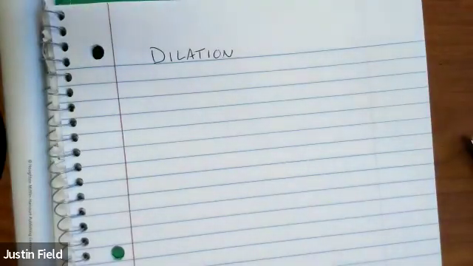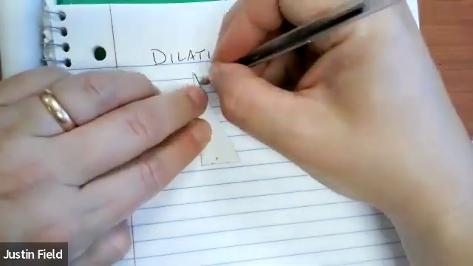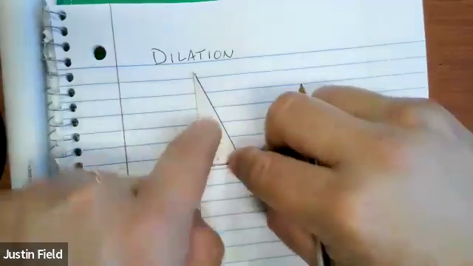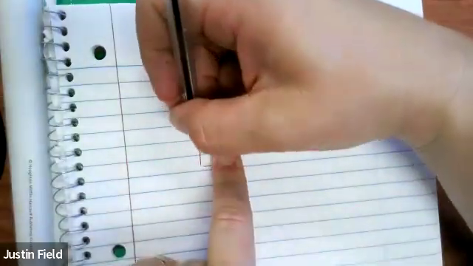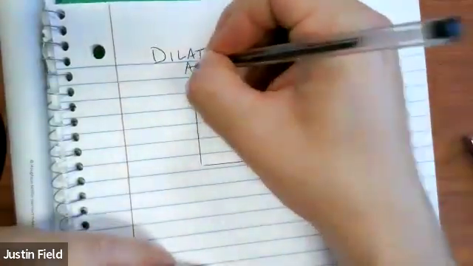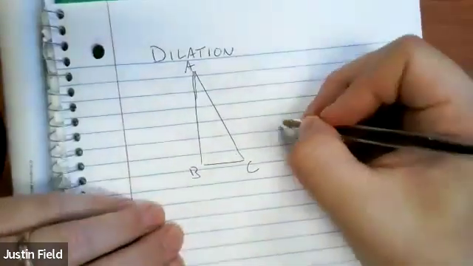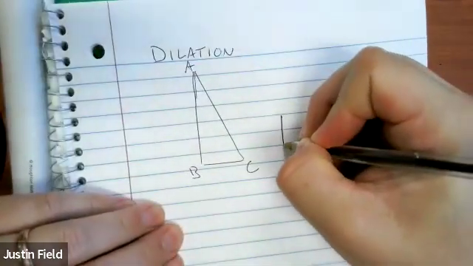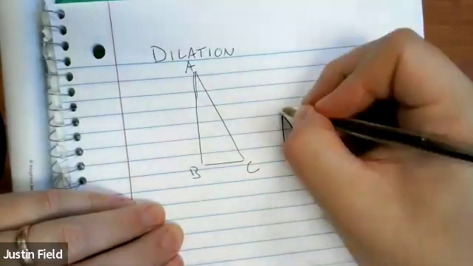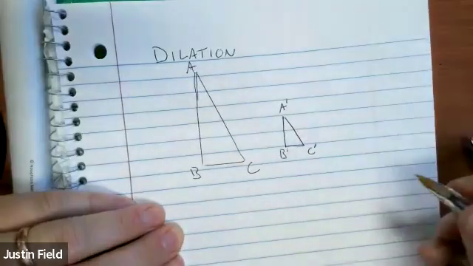And a dilation is going to take this triangle and make a similar triangle, which we learned about in this week's lesson. So if we take this triangle, I'm just going to sketch this one the best I can. So here's A prime, B prime, C prime, our image.